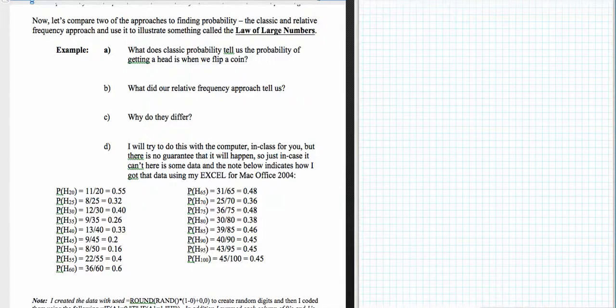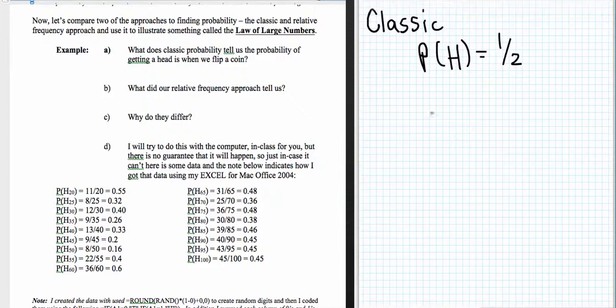Our classic approach to probability told us that the probability of flipping a coin and getting a head was going to equal 1/2. Now, when we did it with relative frequency, our relative frequency approach told us that this probability was equal to 1/3.